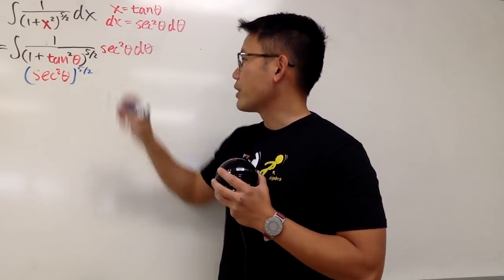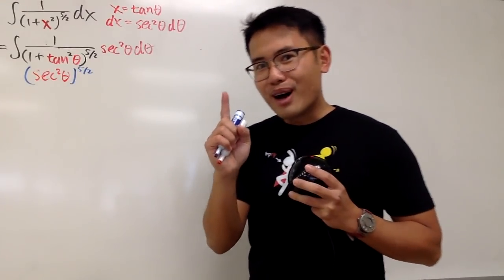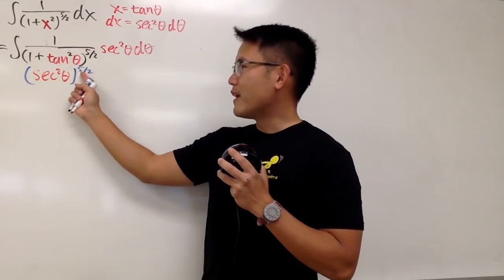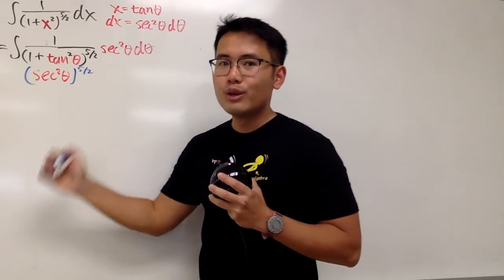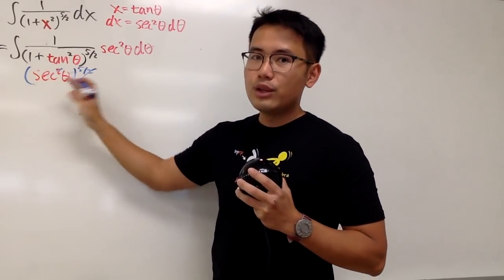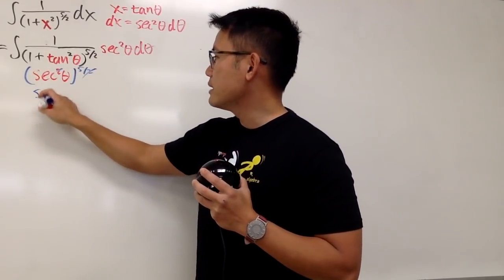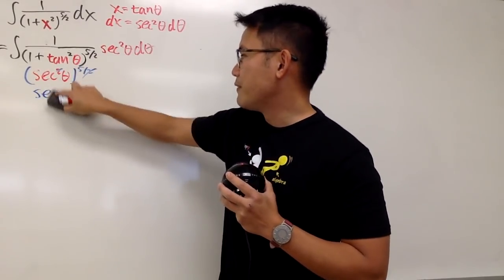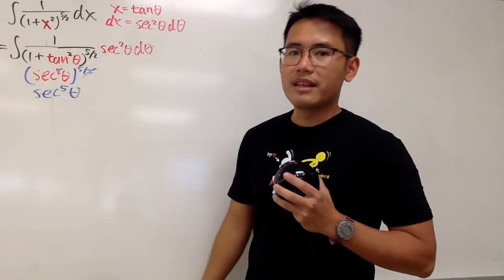So just put it down right here. When you have this, it's just one term now. This raised to the 5 over 2 power, we can multiply the powers. The 2 and 2 will cancel. So in the end, you will see that this is just secant to the 5th power in the denominator. Secant to the 5th power in the denominator, and of course we have the theta right here.